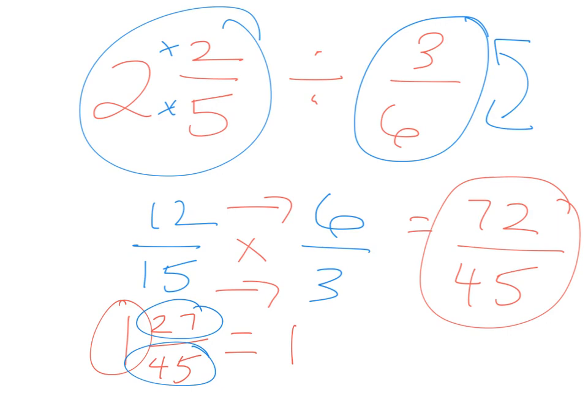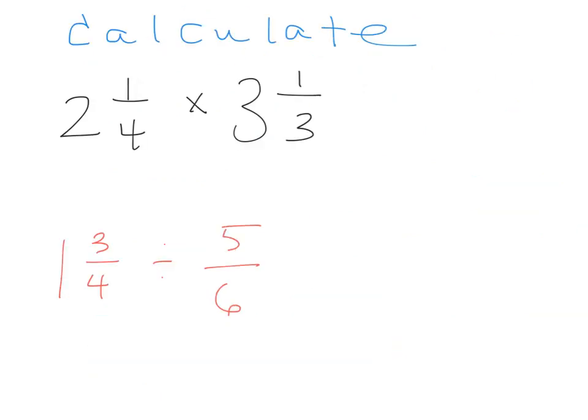Well, the answer would be 9. That would be a big factor in there. So 27 divided by 9 would be 3, and 45 divided by 9 would be 5. So our new number here would be a mixed number, 1 3/5.